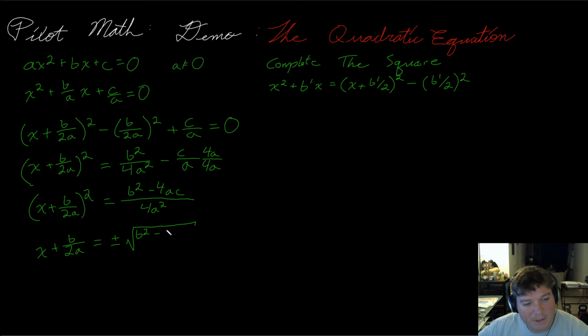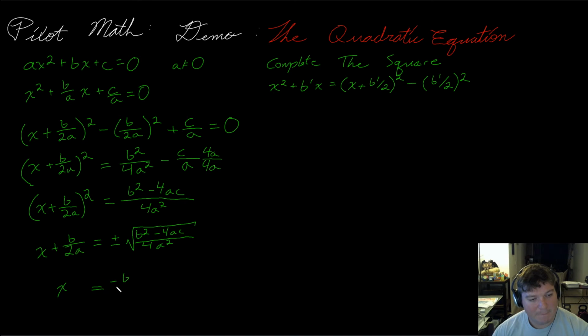So b squared minus 4ac underneath a radical, also under that radical, 4a squared. And at this point, I'm going to take the radical of the top and the radical of the bottom. And I'm also going to move this b over 2a to the other side.